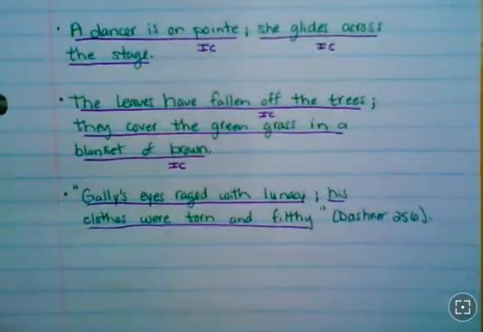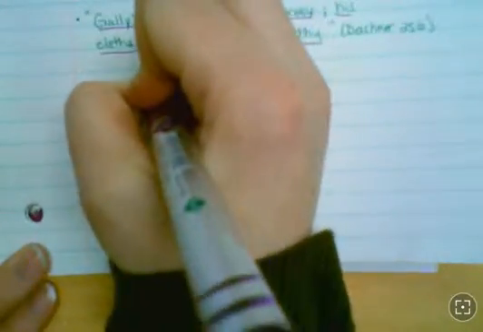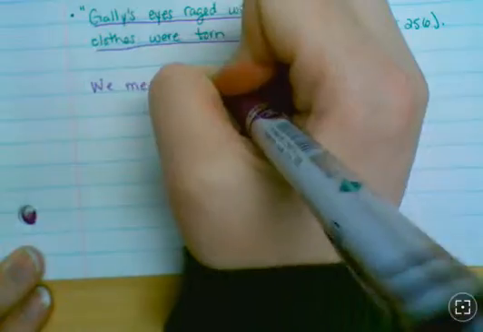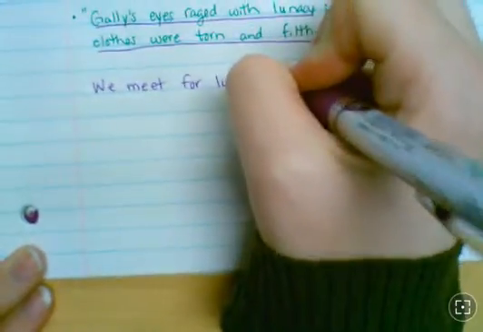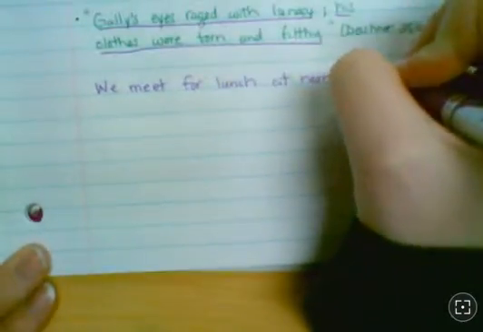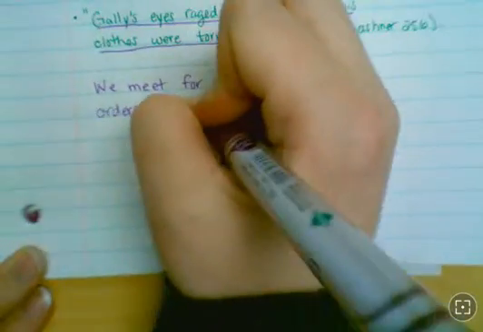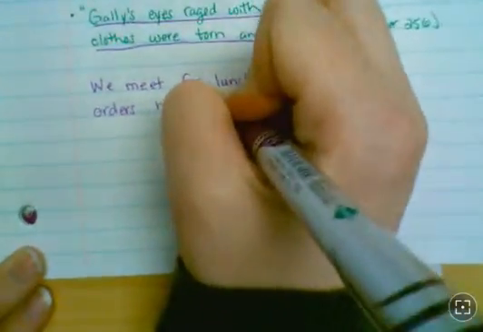So let's say, for example, I need to write a number of sentences like this. So I might do something along the idea of, we meet for lunch at noon; he orders his usual.